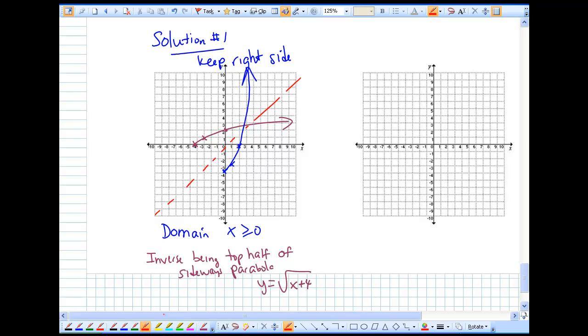That's solution 1. Wait a minute, there's also solution number 2. What's the solution for number 2? Yeah, let's keep the left side. Well, once again, the inverse you'd keep would be the bottom part. And this translates to the left side.